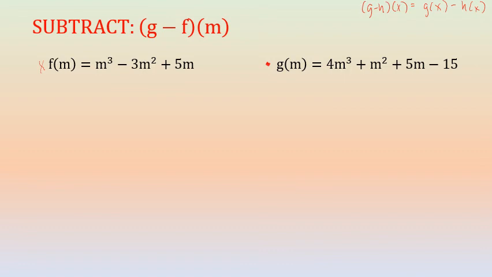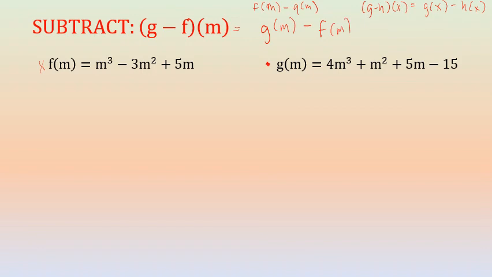Basahin ng maigi yung hinihingi. So, this one, hindi hinihingi sa atin yung f minus g. Instead, we are asked for g minus f of m. So, our formula, instead of having it as f of m minus g of m, we now have g of m minus f of m.